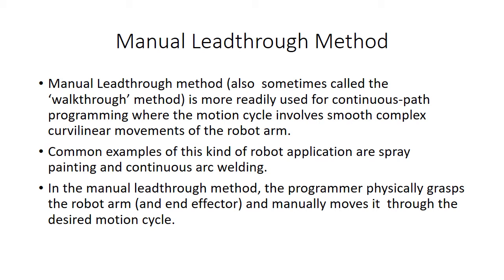Common examples of this kind of robot application are spray painting and continuous arc welding. In the manual lead through method, the programmer physically grasps the robot arm and end effector and manually moves it through the desired motion cycle.